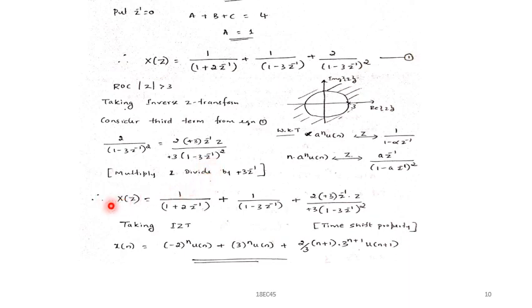Therefore, equation 1 can be written as X of Z is equal to 1 divided by (1 plus 2Z inverse) plus 1 by (1 minus 3Z inverse) plus 2 into 3Z inverse into Z divided by 3 into (1 minus 3Z inverse) whole square.